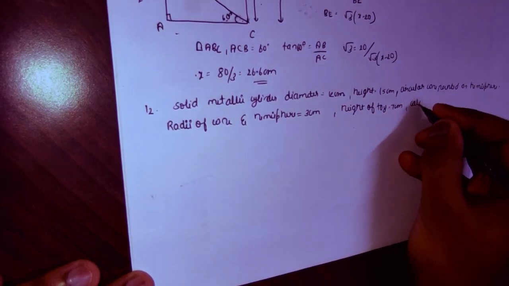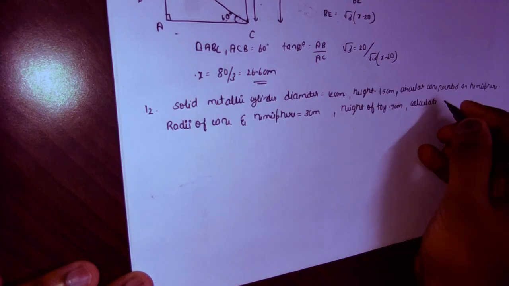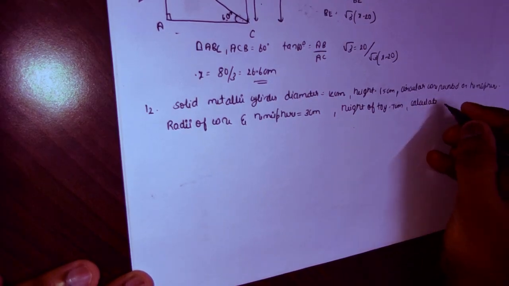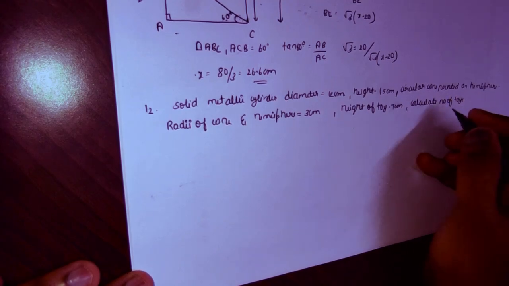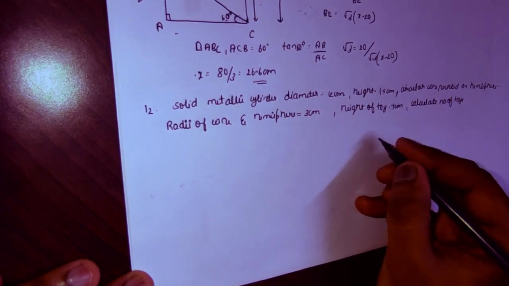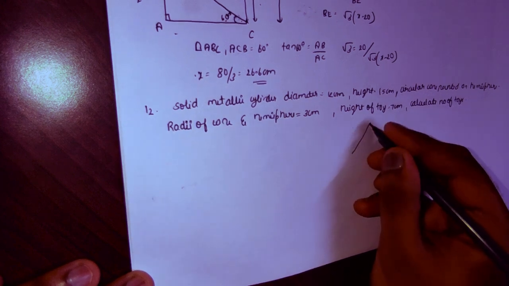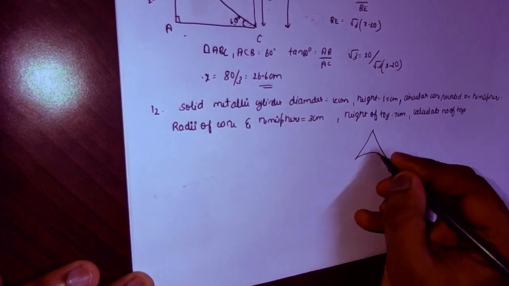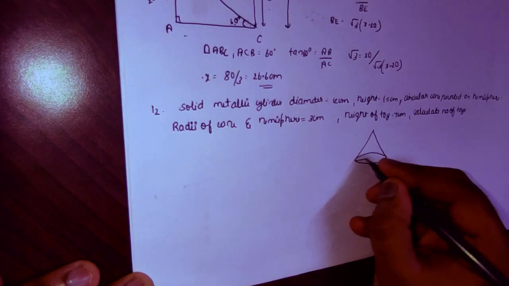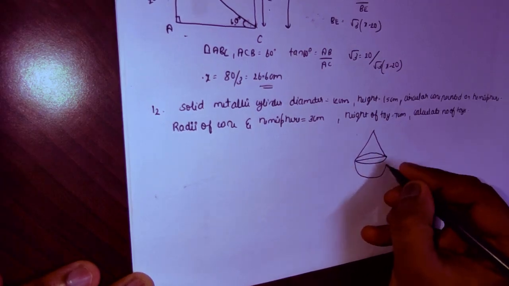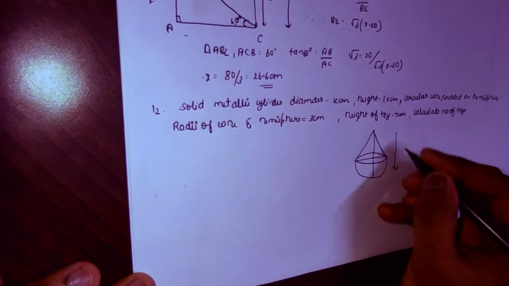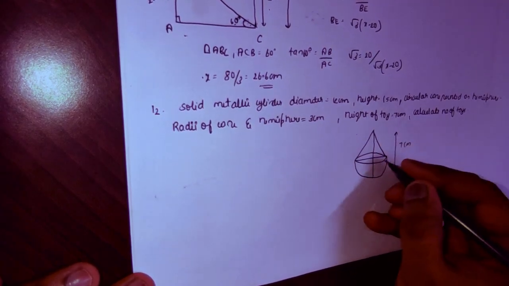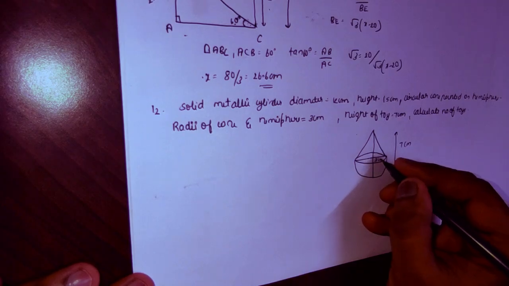You have to calculate how many toys can be formed if it is recast. We will draw a rough sketch here. This is the given height of the toy, that is 7 centimeter.